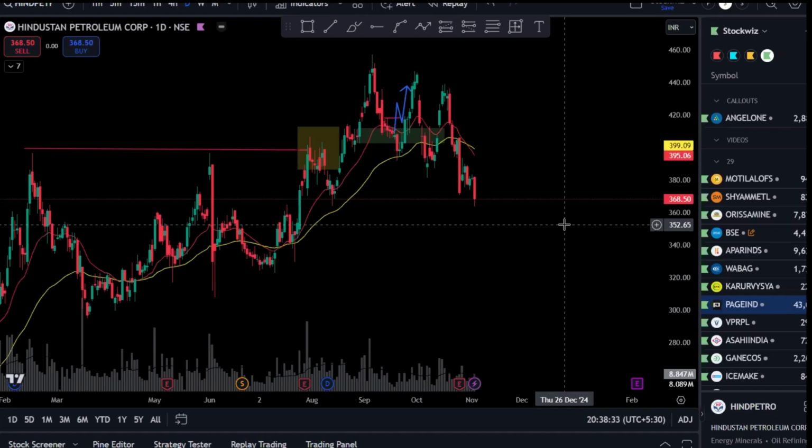Can I hold this one? My purchase rate was 160, 170. That time I made some good amount of profit. Now I purchased whenever it came coming down. Can I hold this one? I'm holding equities, not options or anything.